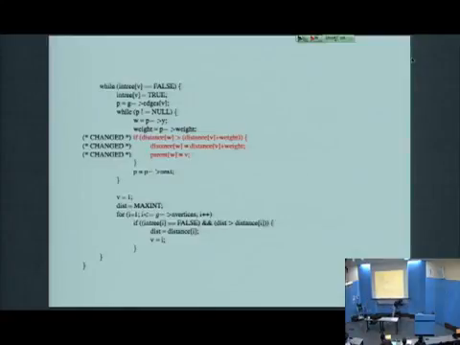Can anybody give me a simple graph G, where here's my start vertex, and when I add a fixed amount to it, it's going to change the shortest path spanning tree? Can anybody give me such a graph? Yes? Make a triangle. And what about this triangle? Edges 1, 1, and 3.